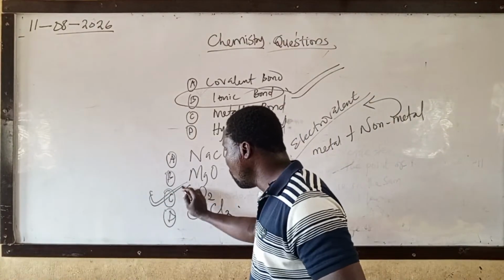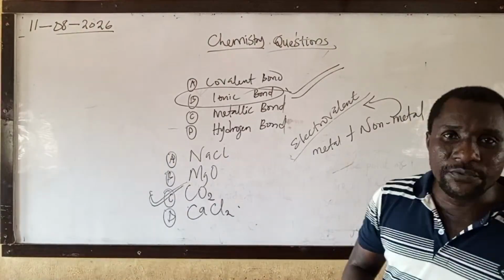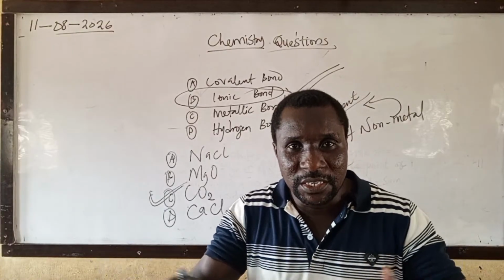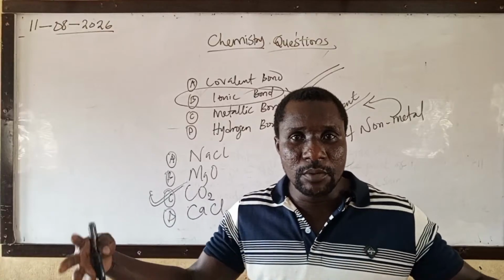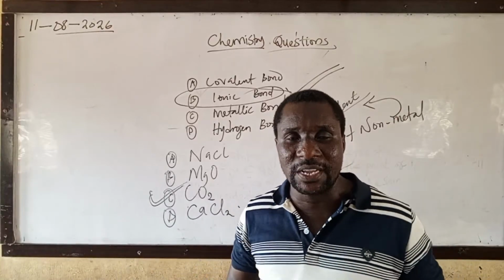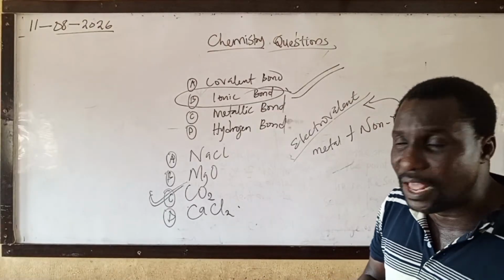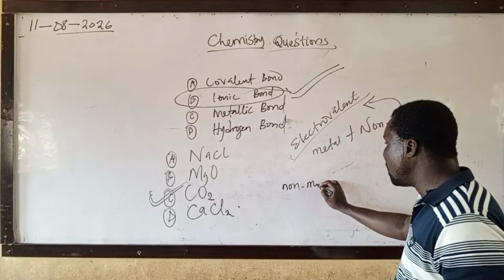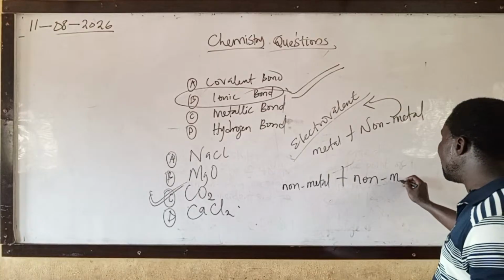Covalent. What is covalent bond? Covalent bond involves sharing of electron, in which atoms come together to share electron. Covalent bond occurs when you have non-metal combining with non-metal.